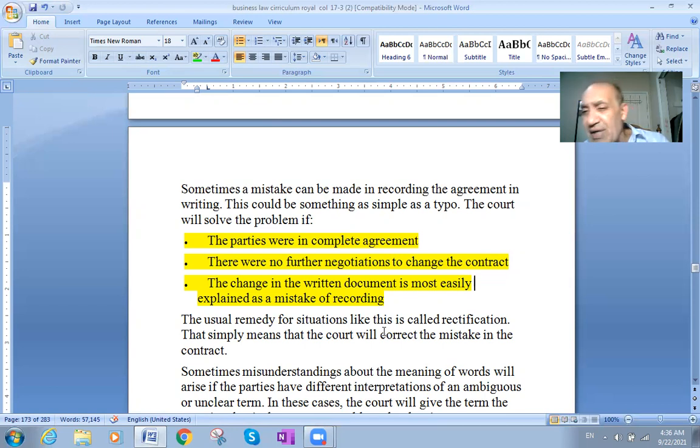As long as we agree even on the correction of the mistake, the court will say, why not. The change in a written document is mostly easily explained as a mistake of recording. It's a written document, so we can change it. We can add to it, remove from it, delete, or omit a sentence, and that will never affect the nature of the contract itself.